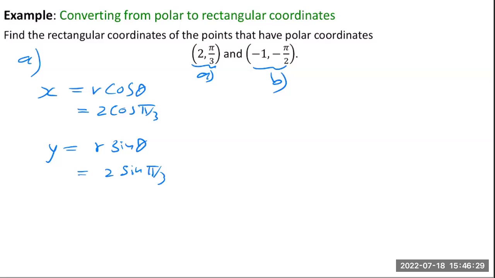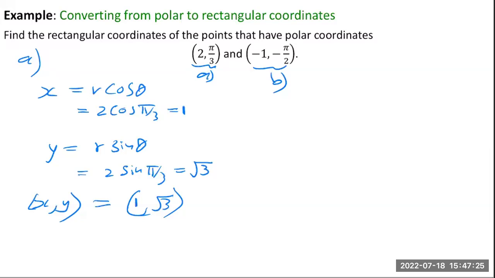Okay. So if you calculate these quantities, you should get x comma y is equal to 1 comma square root of 3, because if you simplify this by looking at trigonometric tables, this should be equal to 1 and this should be equal to square root of 3. So the point is 1 comma square root of 3.